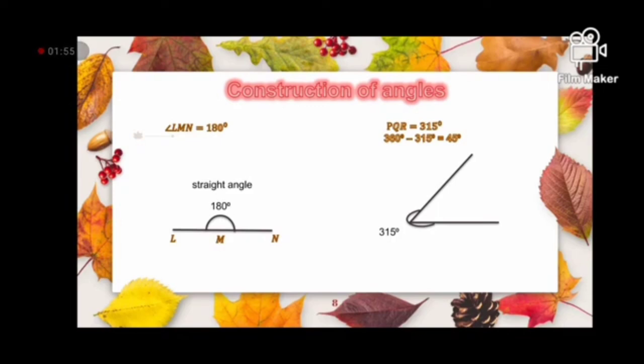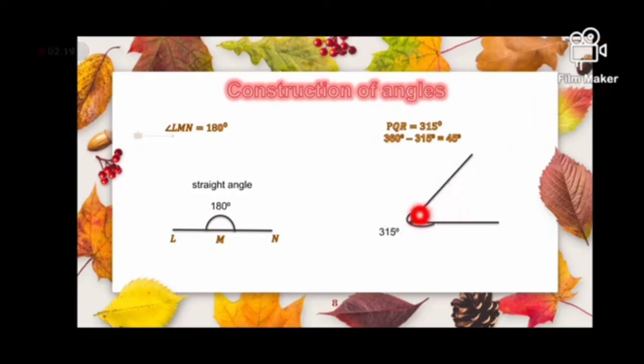The complete angle is 360 degrees. If we subtract 315 from 360, we will get 45 degrees, and we can construct a 45 degree angle with the help of a protractor. So first we will draw the angle of 45 degrees, but we will mark the outside angle that is of 315 degrees.